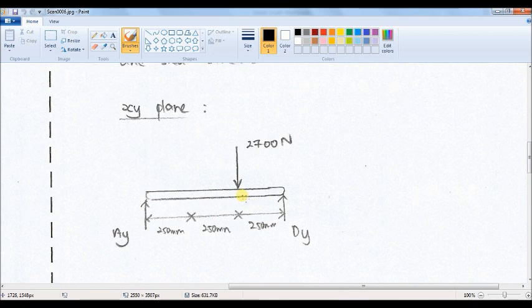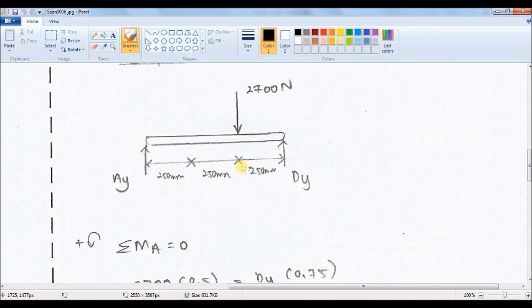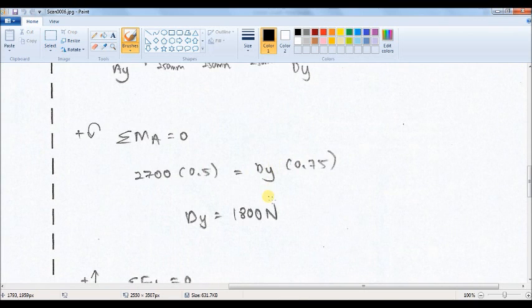Next, I have to write two equilibrium equations. First, the summation of moment around point A should be equal to 0. Then the moment of 2700 times this distance should be equal to the moment of reaction load at location D times this total distance.